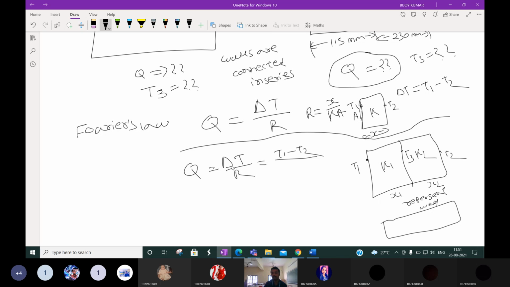Then R is what? Overall resistance. We already discussed that when the walls are connected in series, the overall resistance will be R1 plus R2, where R1 is the resistance of plane wall 1 and R2 is the resistance of plane wall 2. So it will be T1 minus T2 by, what is R1? Resistance of plane wall 1?